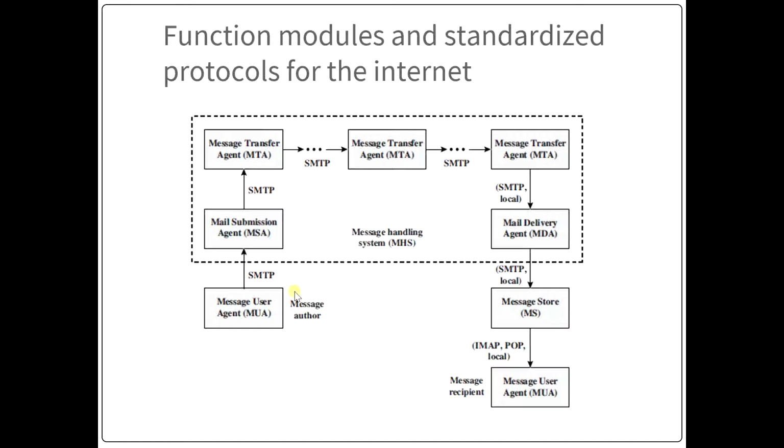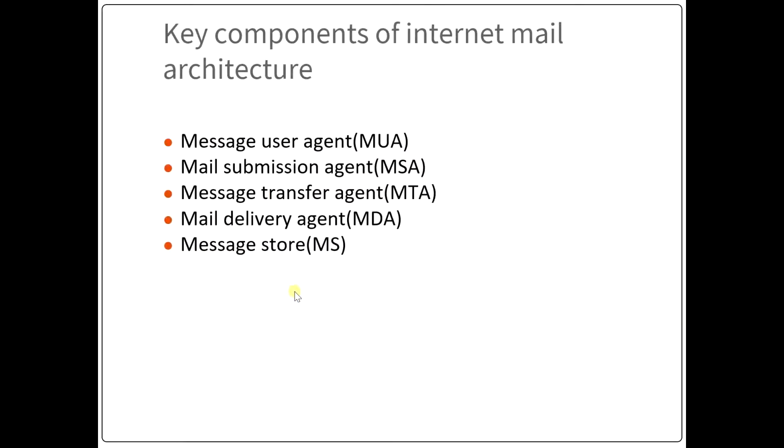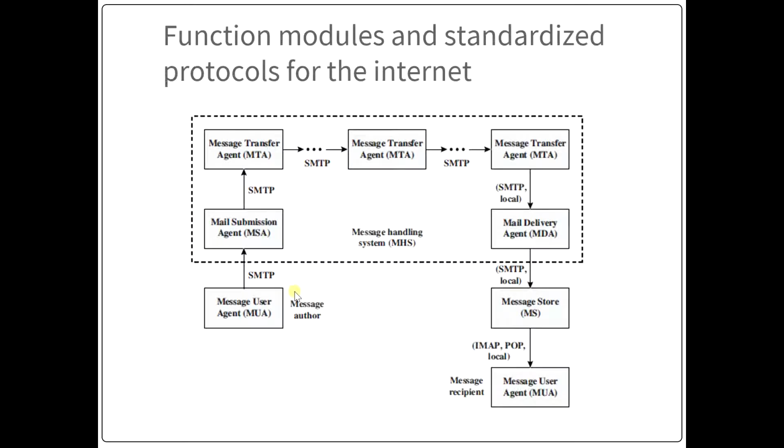The first key component, as I specified, is the message user agent, MUA. At the transmission side, you have the MUA. It operates on behalf of the user and its user applications, so it is their representative within the email service.